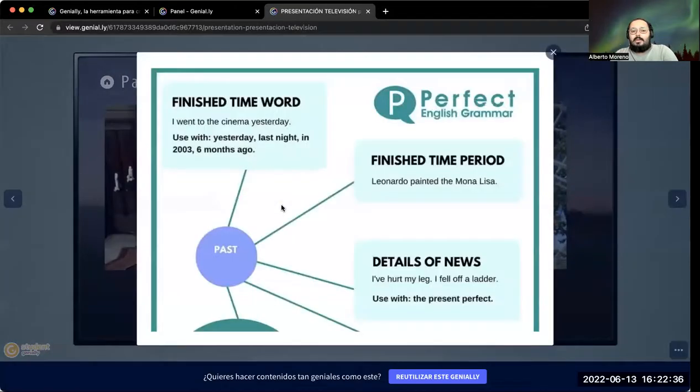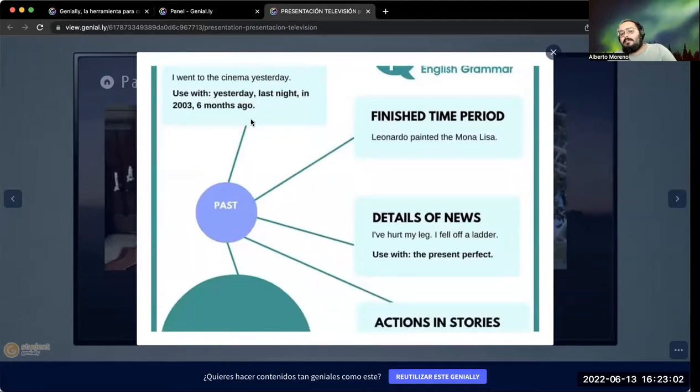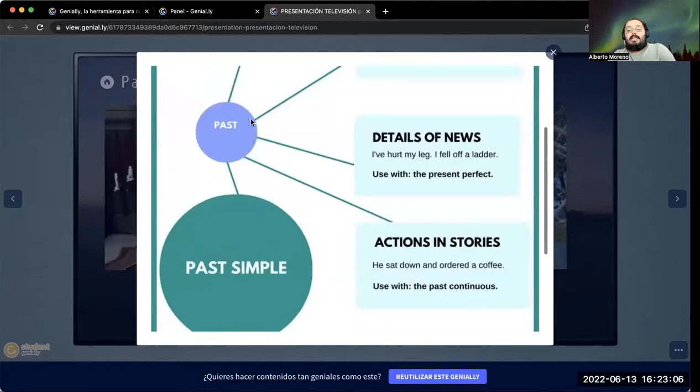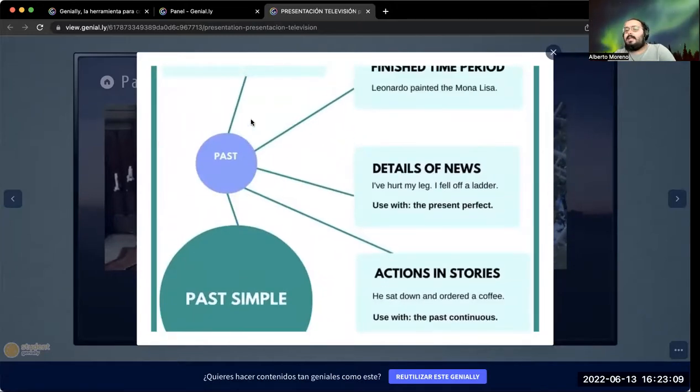¿Para qué nos sirve el pasado simple? Bueno, el pasado simple nos va a servir para hablar de momentos específicos. Para hablar de que una acción terminó en el pasado, pero en un momento específico. Ayer, la noche anterior, en el 2003, hace 6 meses. También para hablar de un periodo de tiempo, Leonardo painted the Mona Lisa, en el pasado, o para hablar de algún detalle en las noticias.